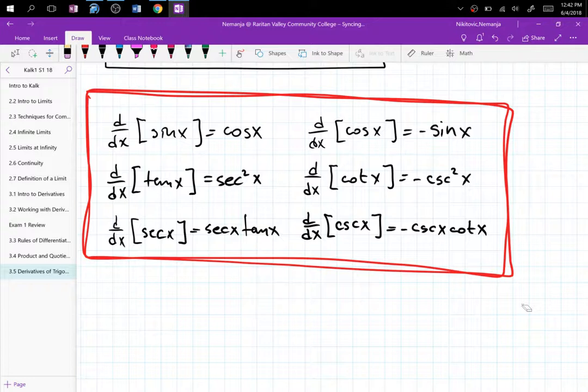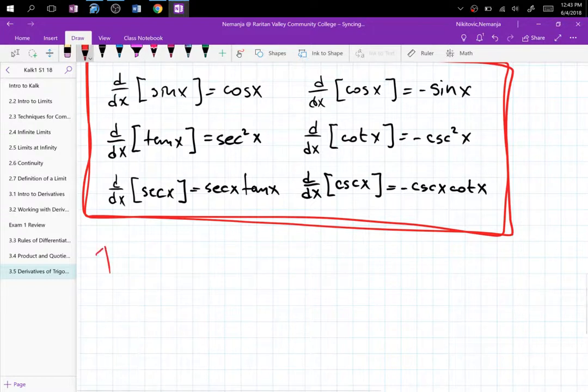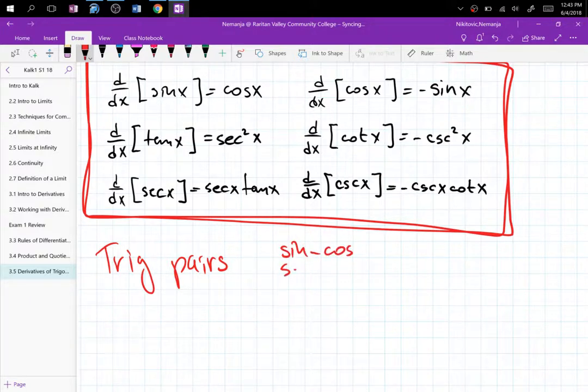There are no crisscross between them, right? So let me write that over here. So trig pairs: sine, cosine, secant, tangent, cosecant, cotangent. All of them work the same.